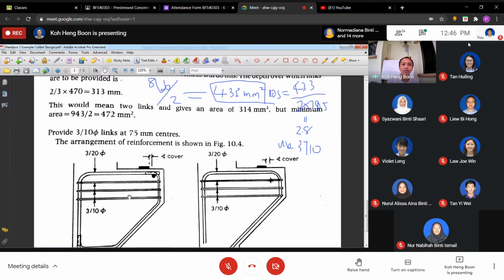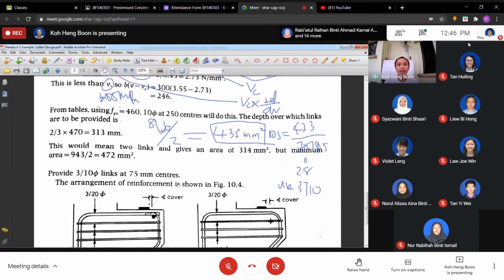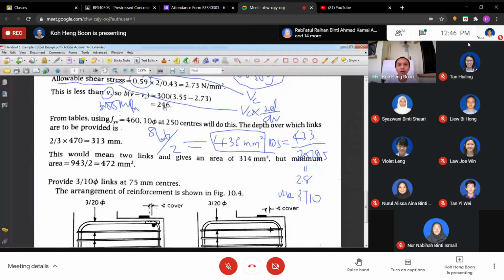313 divided by 3, how much? 1 something, is it? The exact spacing here, we consider from here to here. Okay, it's 104 only, 104, 104, 104. So which is less than this distance 246.